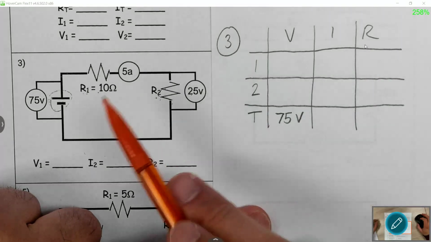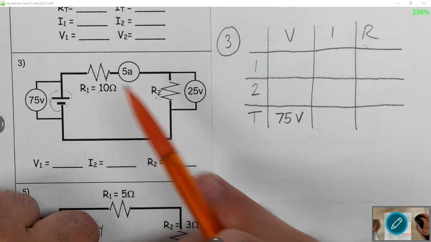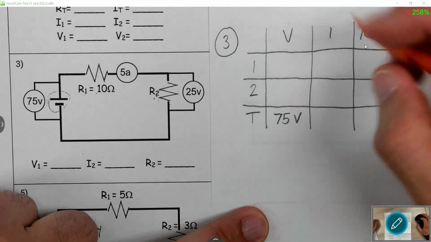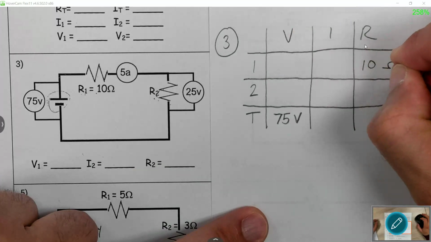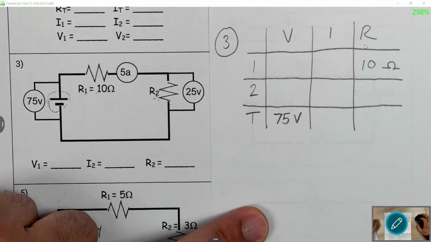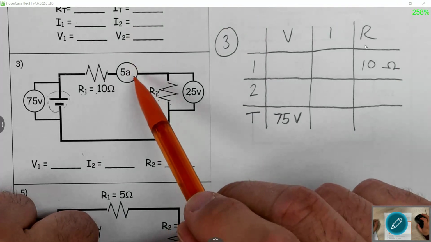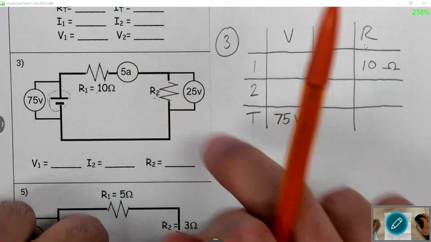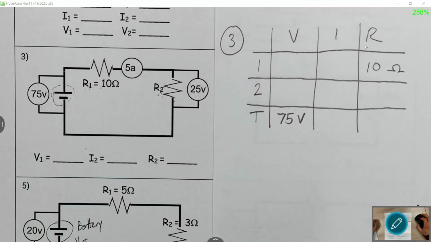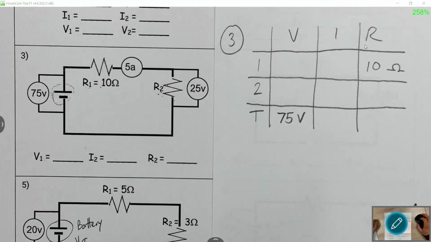We have R1, which is 10. So in the position of R1, we're going to put 10 ohms. And we see this guy here. So where does that one go?